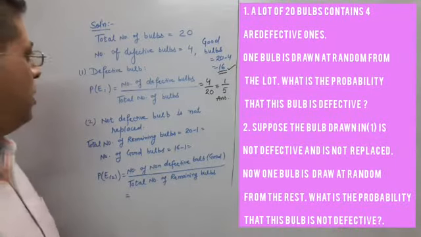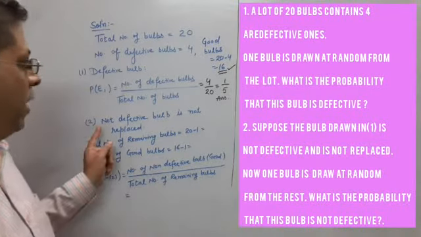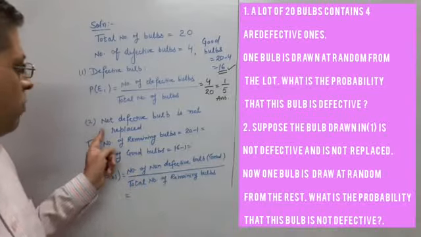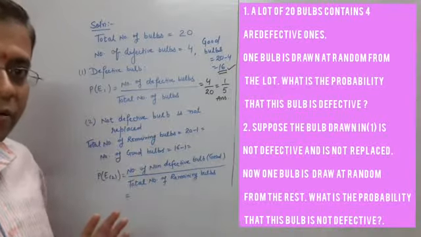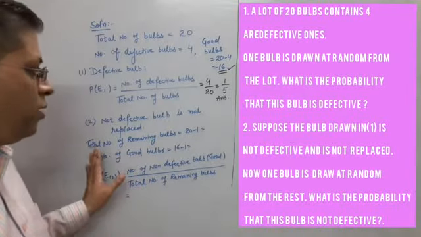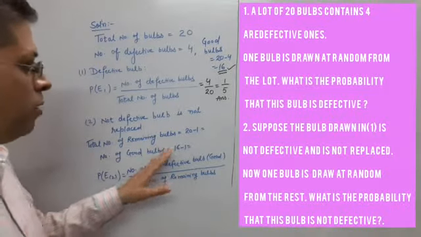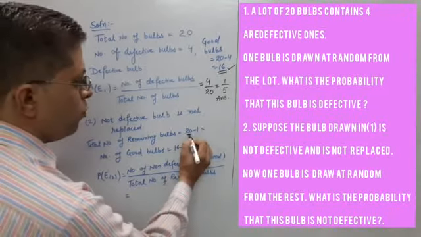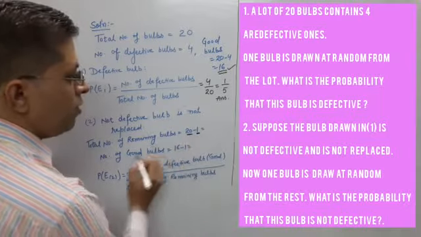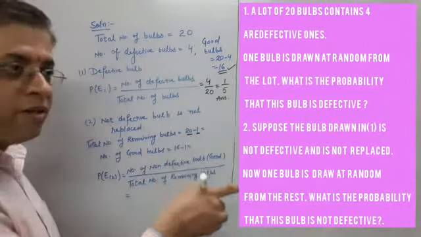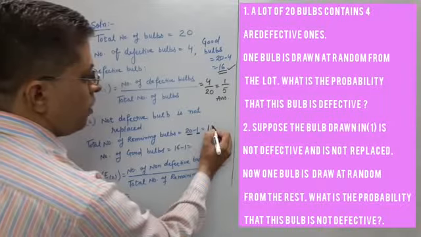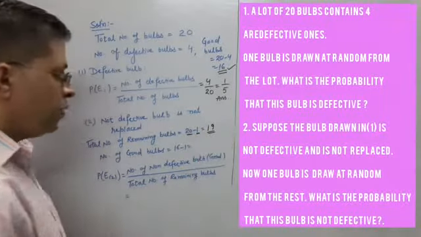Okay. Now the second part. Let that bulb be not defective and it is not replaced. Then how many bulbs are remaining? Total bulbs were 20 and one bulb we have taken out and not replaced. Then how many remaining bulbs? 19. Okay.